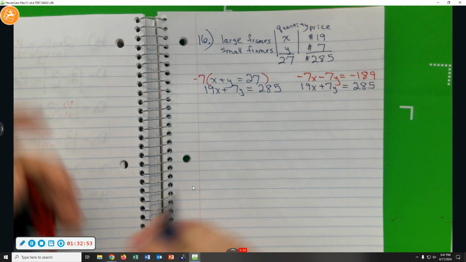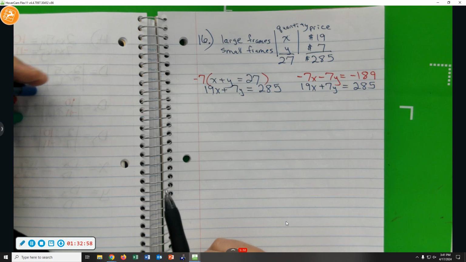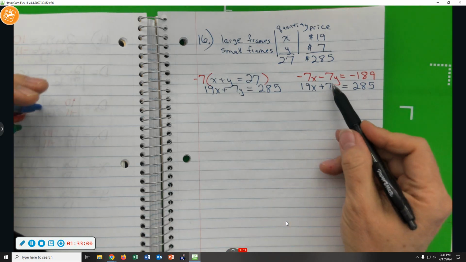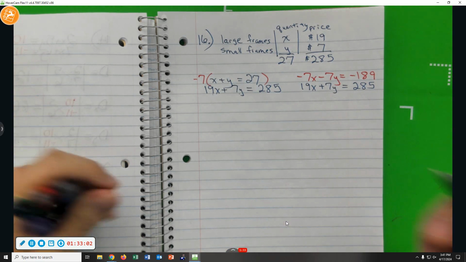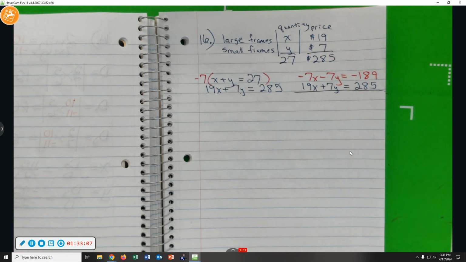Now, if you had wanted to multiply the top by negative 19, you'd still get the same answer at the end, but here I'm getting rid of the y rather than the x. I think you'd wind up with more negatives.